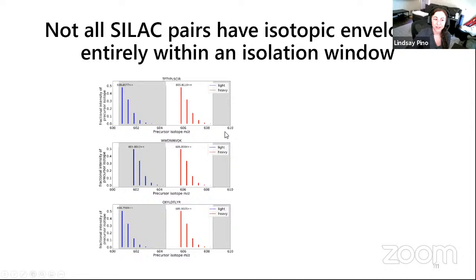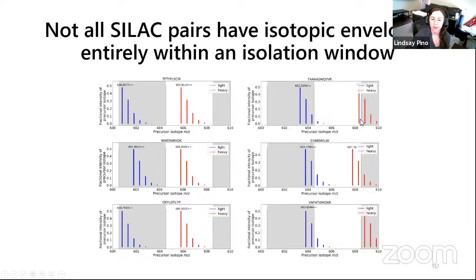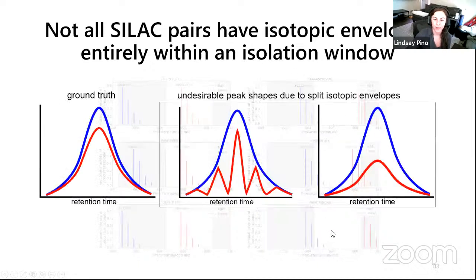Ideally, you would see something like this where the 2 peptides, the labeled and the unlabeled peptide, would fall entirely in 2 different windows. But the concern was if you split the isotopic envelope of a particular peptide so that it split across 2 windows, now you were going to get kind of weird chromatogram shapes.